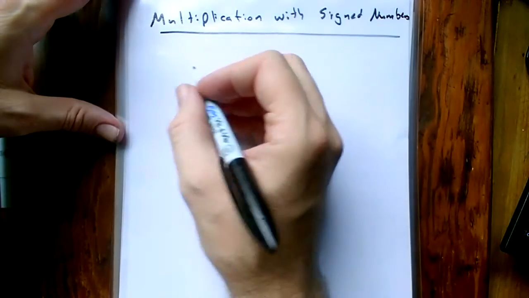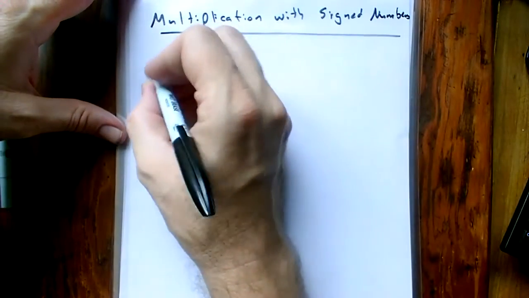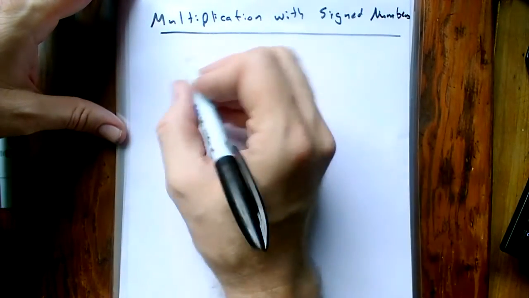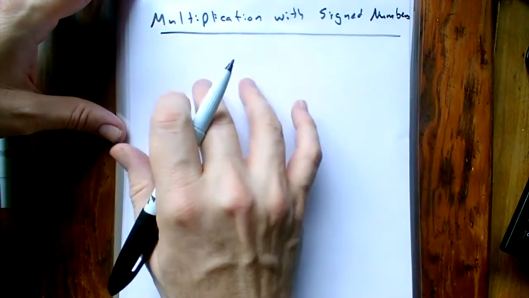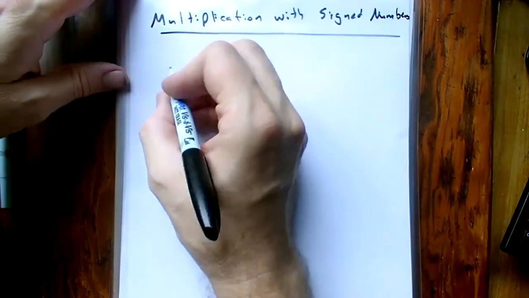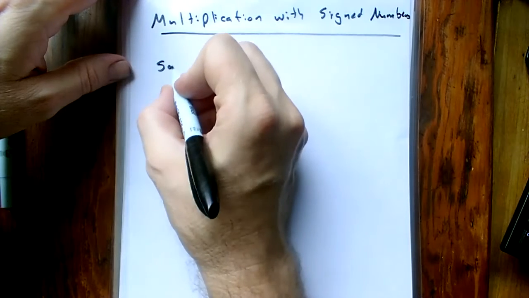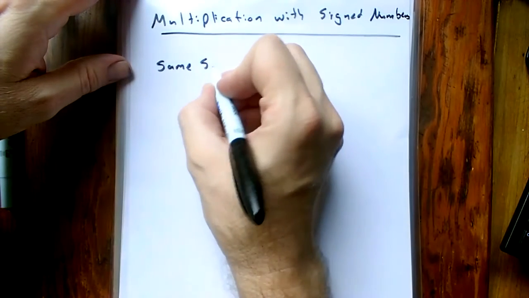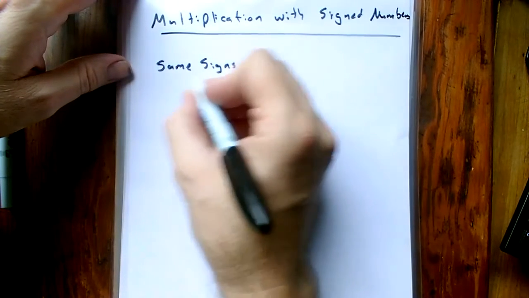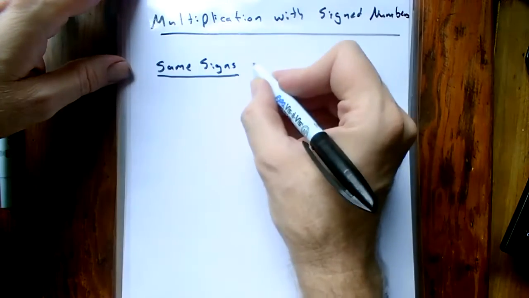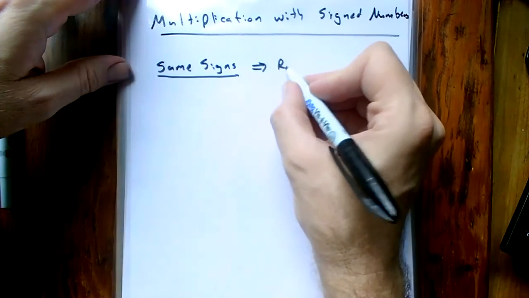The rule for multiplication with signed numbers works with any two numbers multiplied by each other. If you've got the same signs multiplying each other, then your result will be positive.